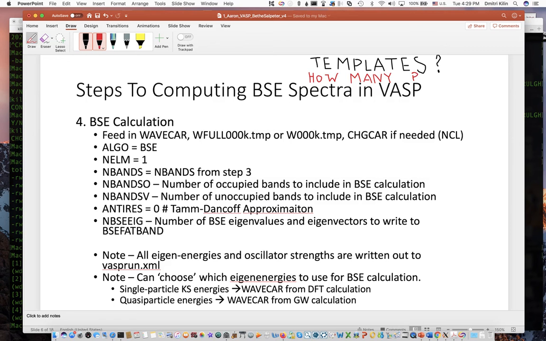And so you can choose the number of bands, or essentially choose the number of transitions for VASP to input into the calculation, with these NBANDSO and NBANDSV. So NBANDSO is occupied, NBANDSV is unoccupied.